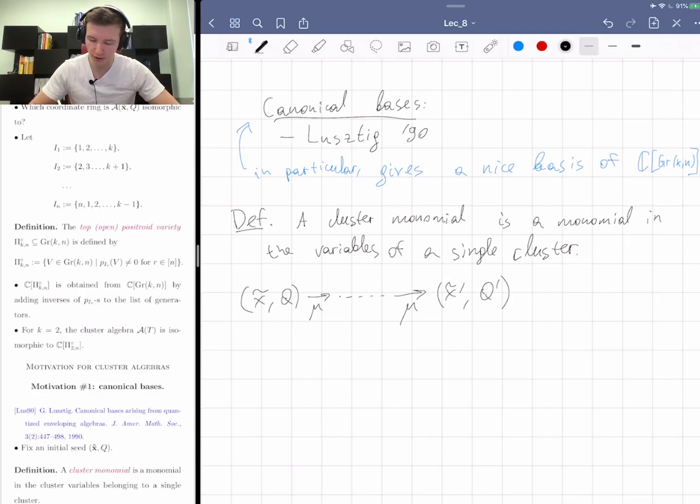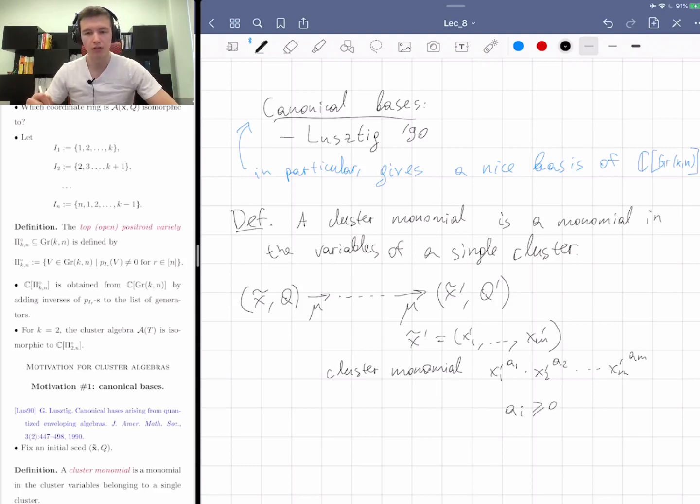And so if x tilde prime is x1 prime all the way up to xm prime, then you can get a cluster monomial of the form x1 prime to the a1 times x2 prime to the a2, etc., xm prime to the am, where all the ai's are non-negative. And of course, you can also add the inverses of frozens.